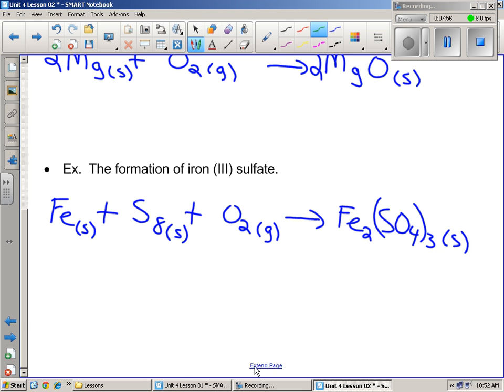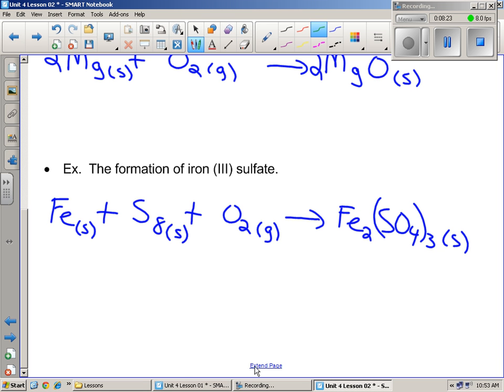Balancing. Well, I could start with iron right here. So I got iron, and then I got two irons over here. I could do that, and most certainly, that's not a bad place to start if you're not sure. Two irons, right? But the next thing you'll notice is you get to S8. How many sulfurs do I have on the right side? Steve? 3. So remember, this 3 goes to everything inside the brackets only. This 3, this 2 goes with the iron.